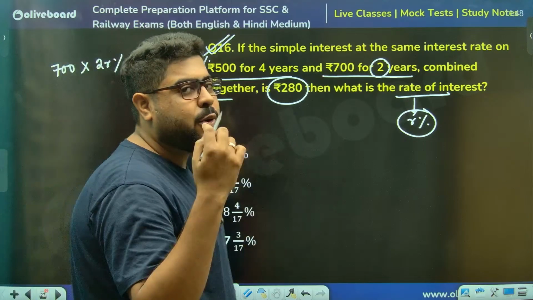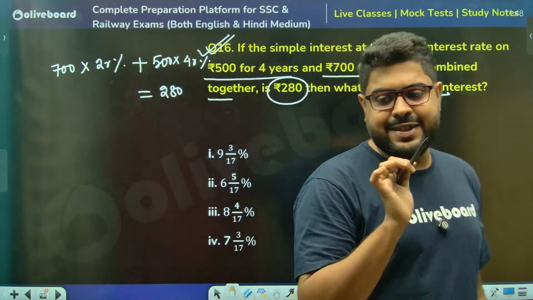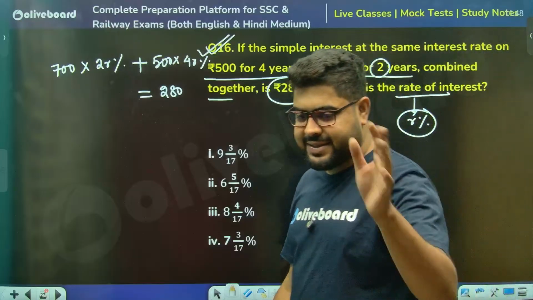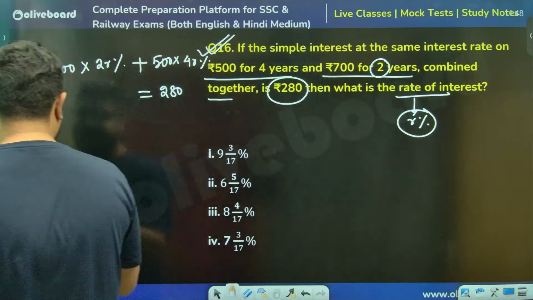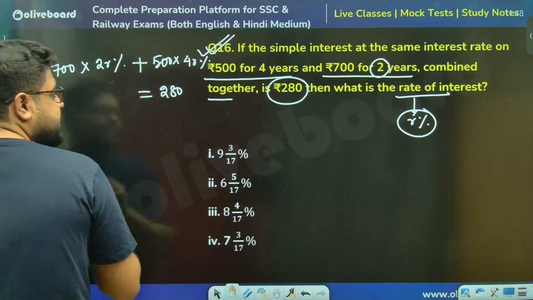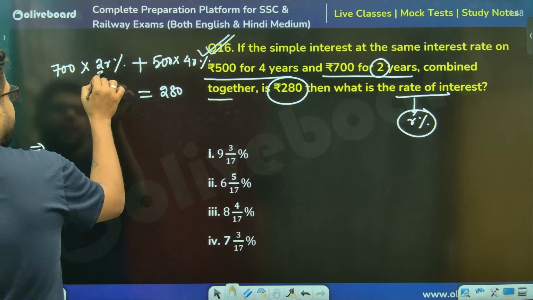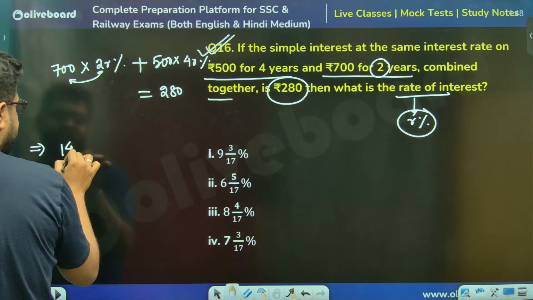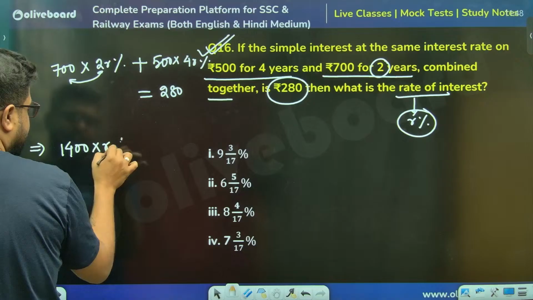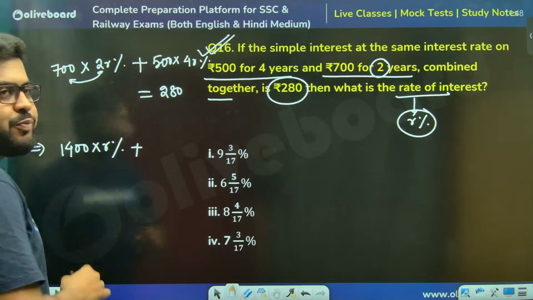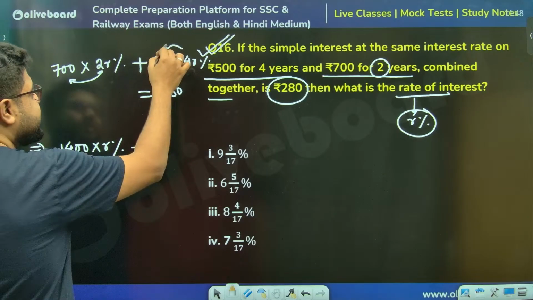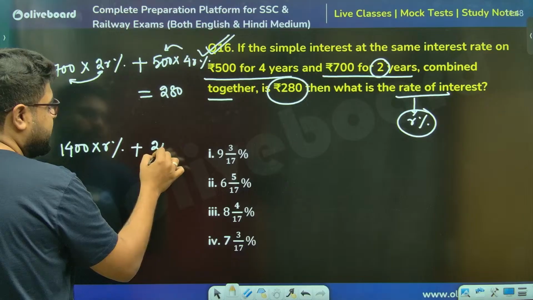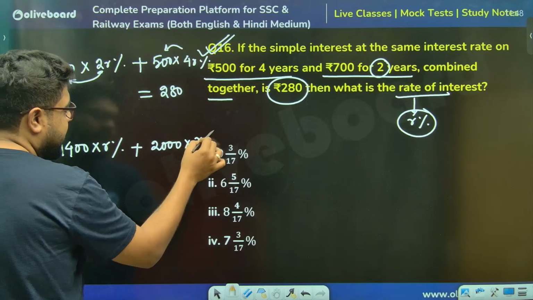Now it's all about manipulation. कैसा sir? थोड़ा देखो. Everybody, please see to it. So two things I can do. So 2R को 2 give it to this: 1400 into R% can I write. And give this 4 to this. So 5 fours are 2000. 2000 ka R%.